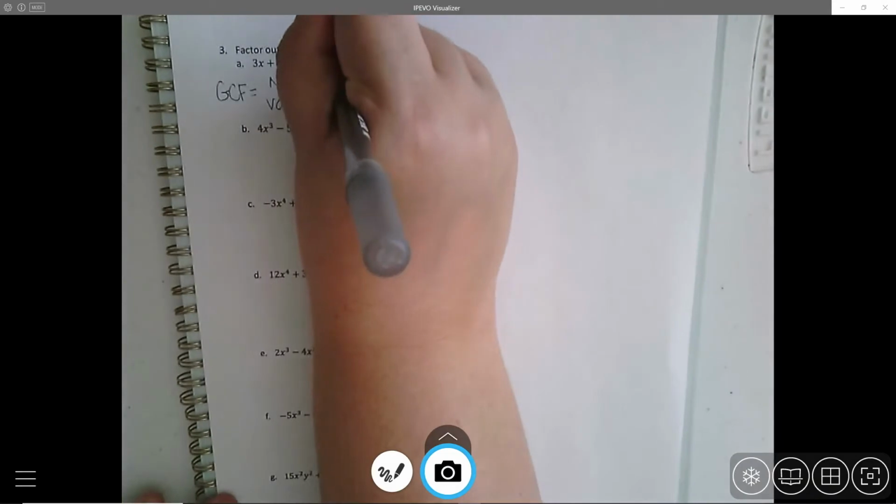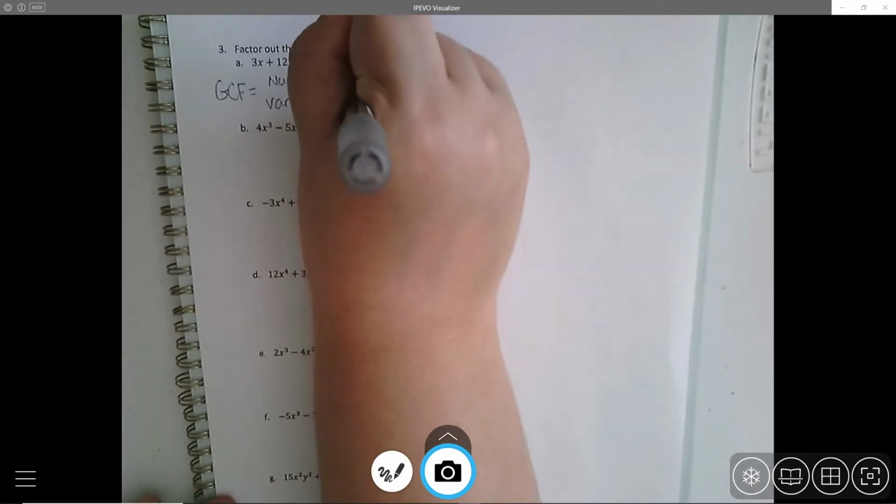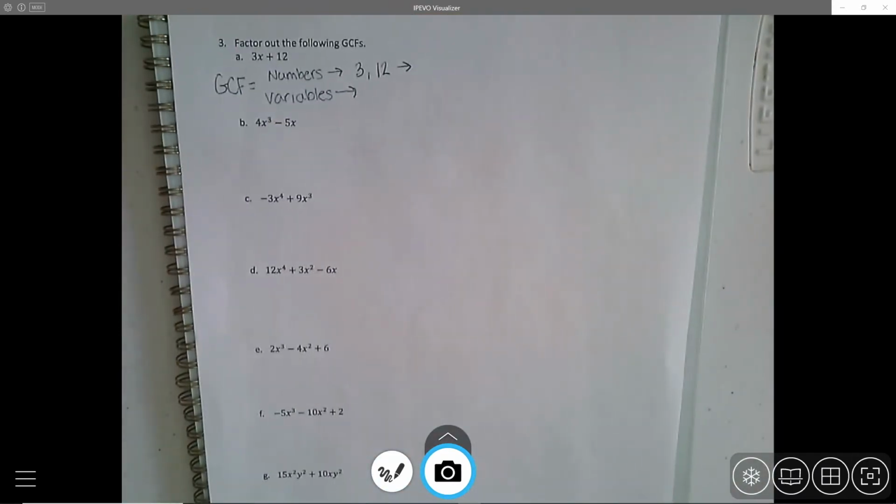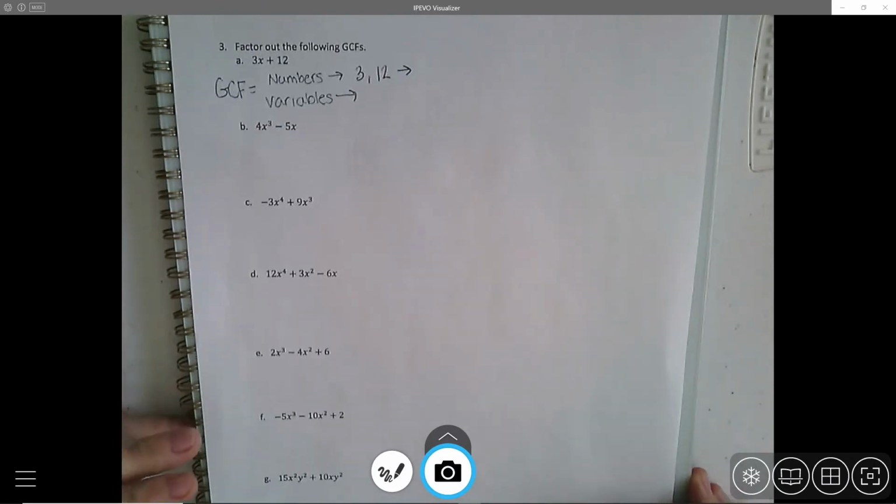Our numbers come from the coefficients we see in this problem. On part A, the coefficients are 3 and 12. I'm going to ask myself, is there a GCF between the numbers 3 and 12? And actually the answer is yes.